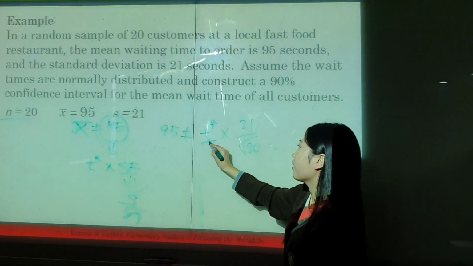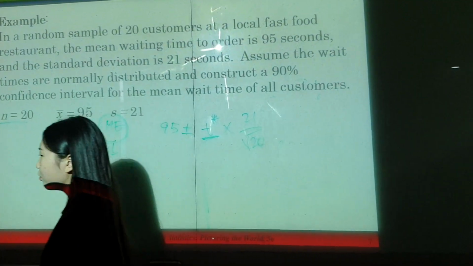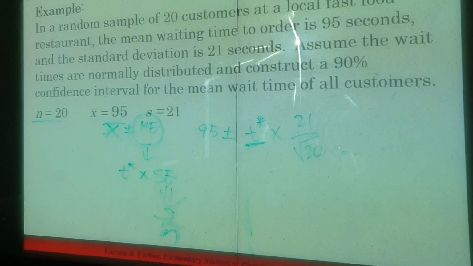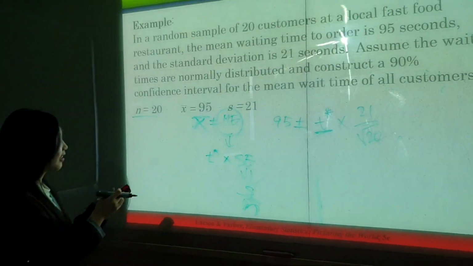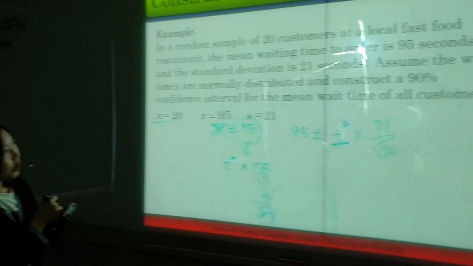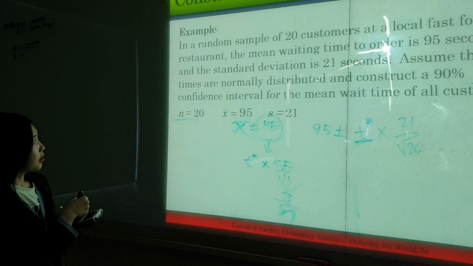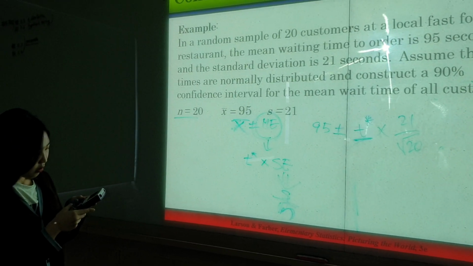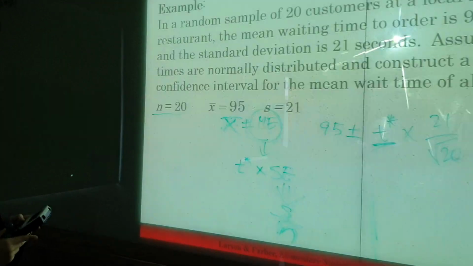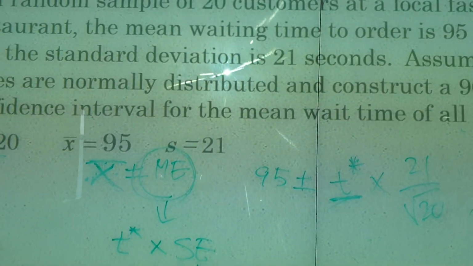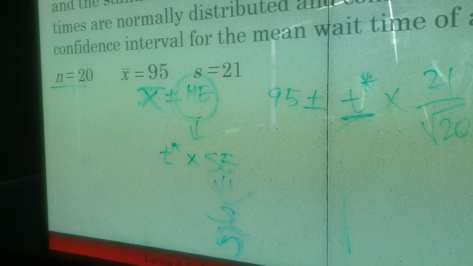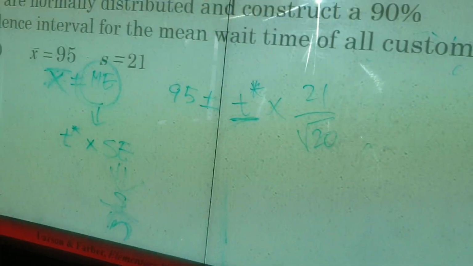So we have to find the t value. Turn on your calculator again, and we have to find the 90%. So second, distribution, and number 4, inverse t.